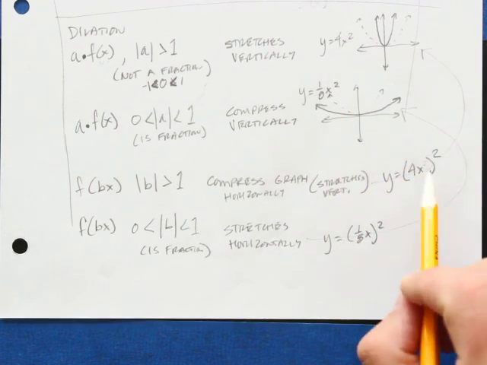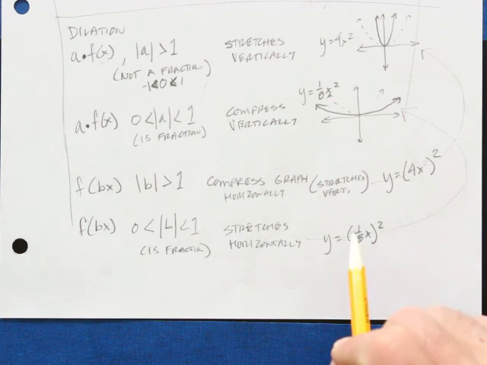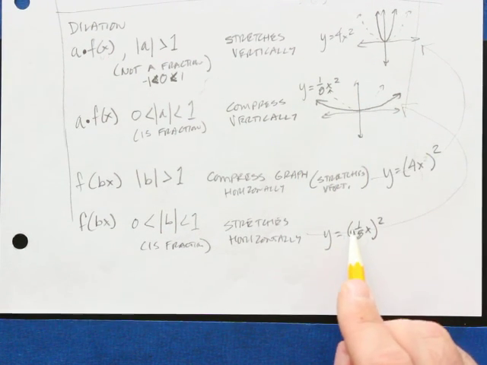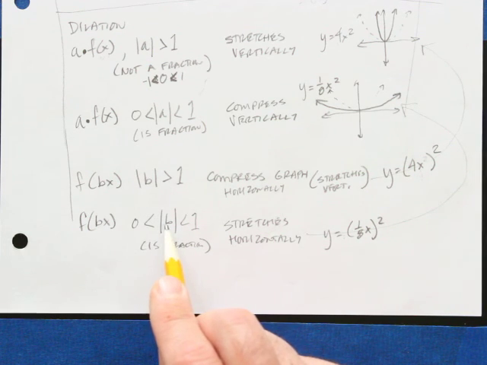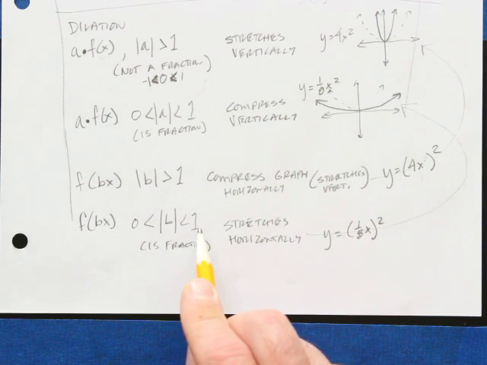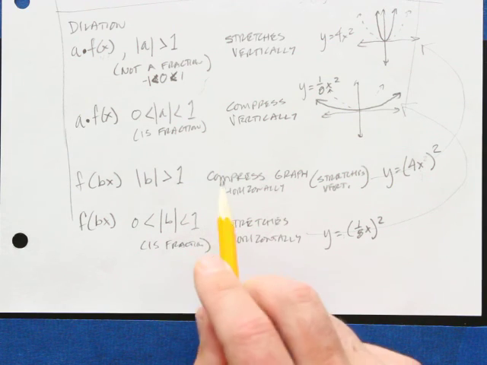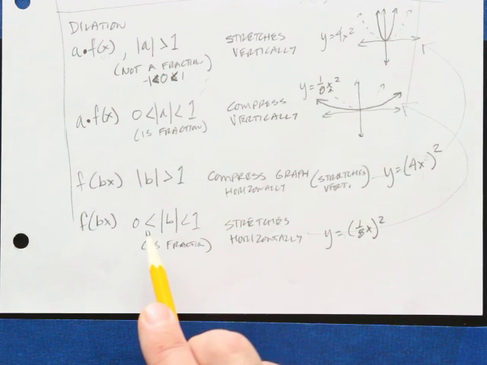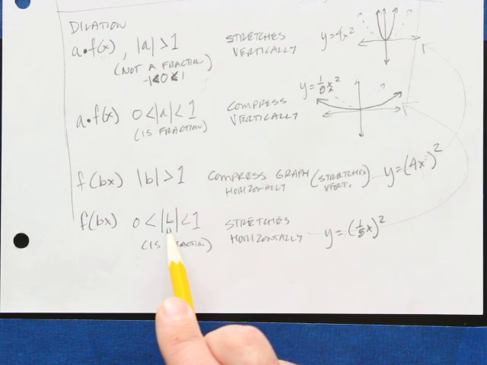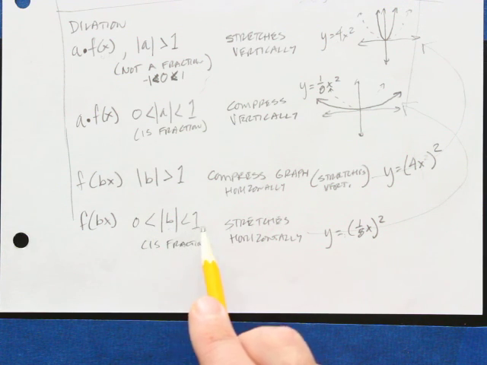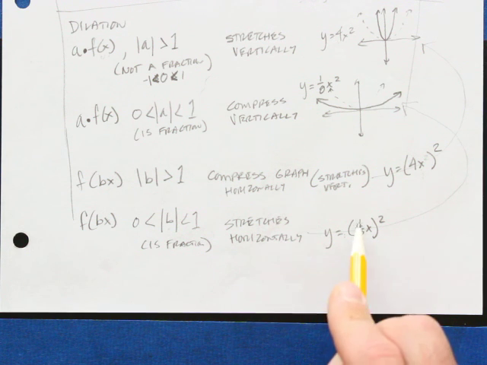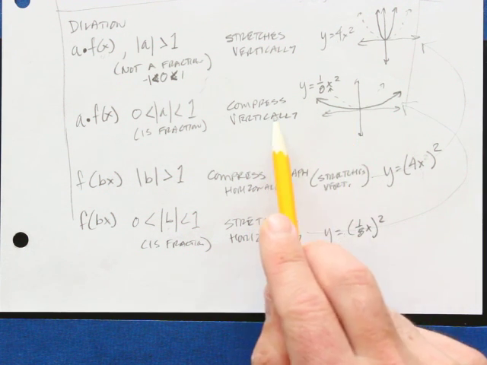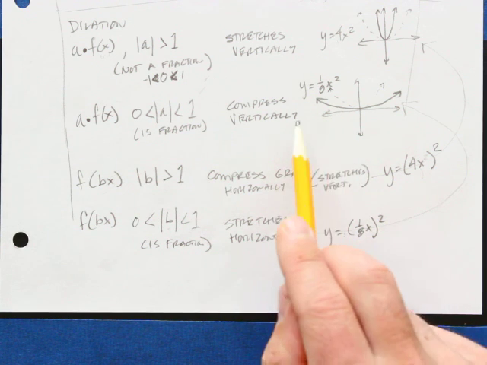They're doing the same thing. Similarly, if you're multiplying by a fraction between 0 and 1, 1/2, 1/3, 1/8, 7/8, something like that, then it is going to stretch horizontally, just like this one did, compressing vertically, stretching horizontally. Those are the same things.